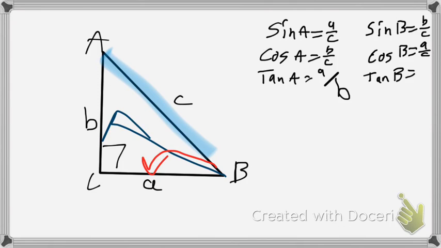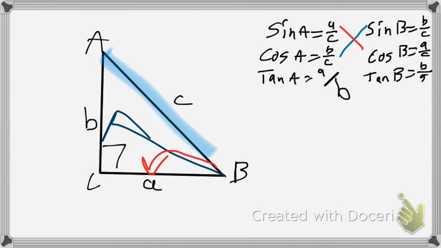So then we have tangent B equals B over A, because again it's opposite, that blue, over adjacent, red. So now notice something. If we look at those two, we see that the sines and cosines kind of switch for each one.